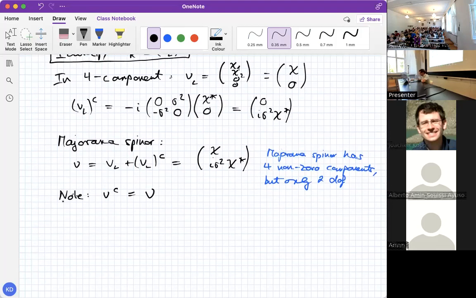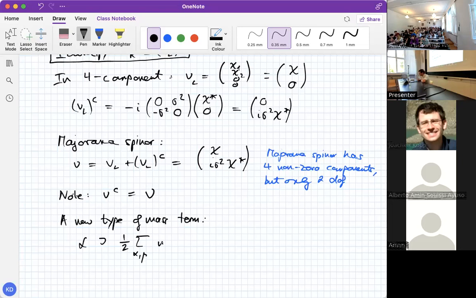Well, but now let's finally use this to write down a mass term. So we can now write down a new type of mass term, which looks as follows. There's a factor of 1/2, which is necessary for proper normalization. There is a sum over flavors. There is again a mass matrix M alpha beta.